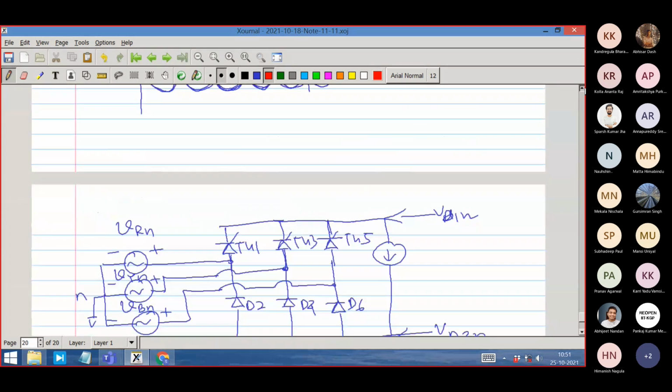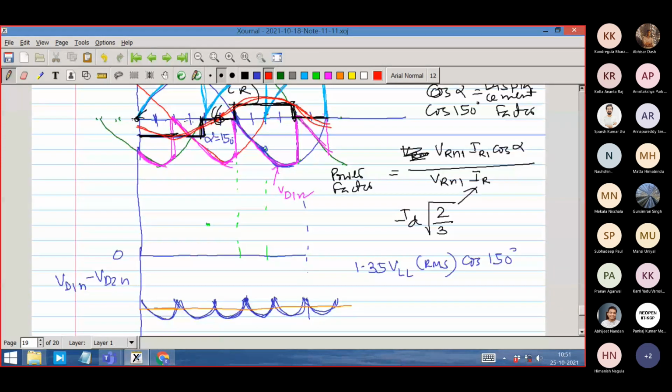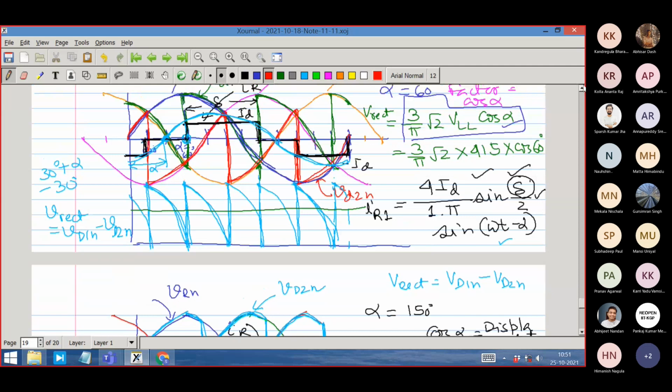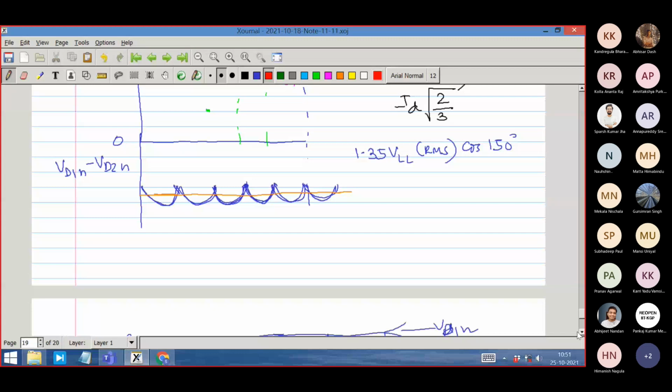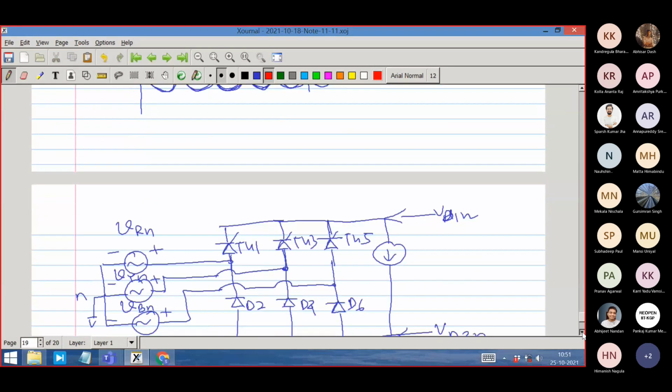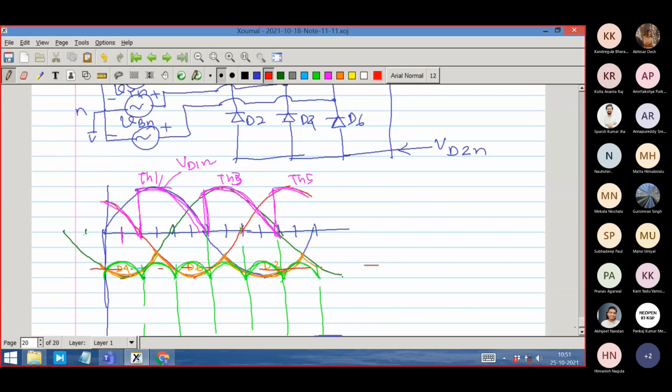It was 3 by pi root 2 VLL cos alpha when it is a full bridge. That is the formula: 3 by pi root 2 VLL RMS into cos alpha, where VLL means line to line RMS. That was the formula for the full bridge.